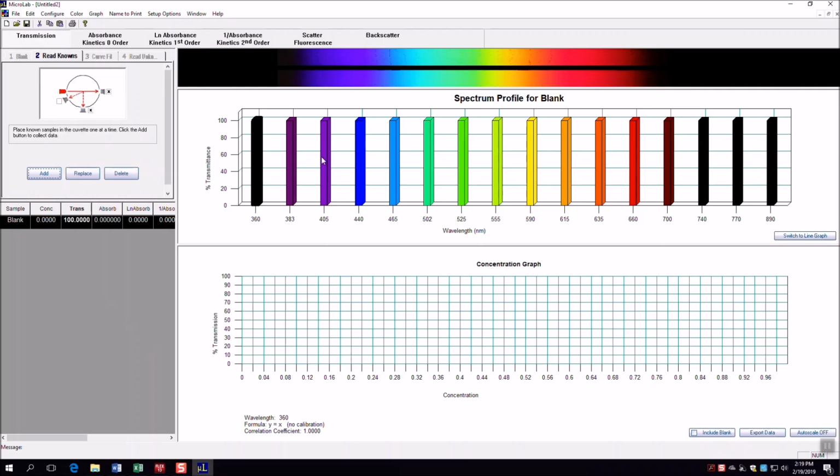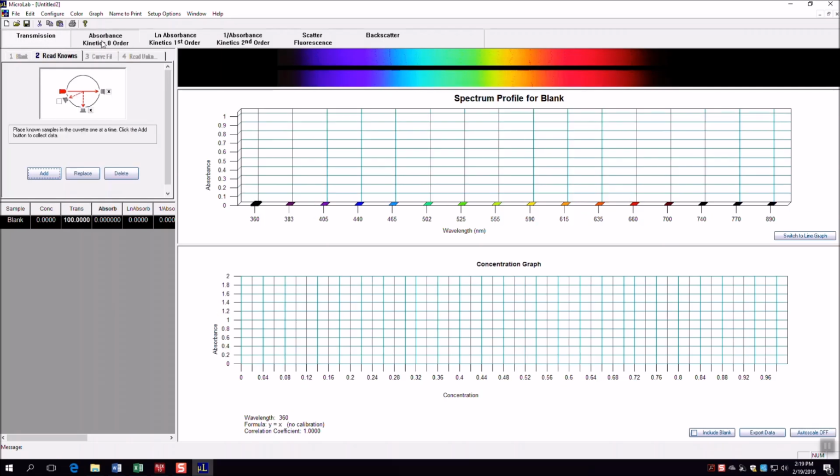Now, since we're going to be working with absorbance, we do of course want to click on absorbance so that that's the measurement that we're looking at for each of our readings. So now I'm going to go to my microlab and take out my blank water sample and put in a sample very similar to one of the ones you'll use in the experiment when you perform it, in order to show you what the spectrum looks like of the mixture of iron nitrate and potassium thiocyanate.